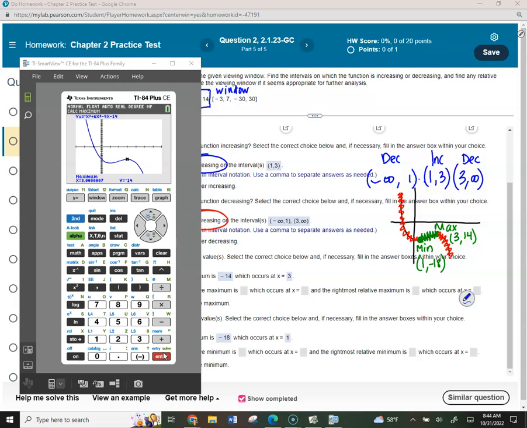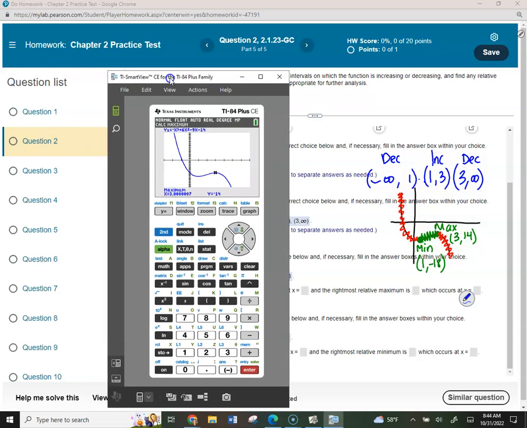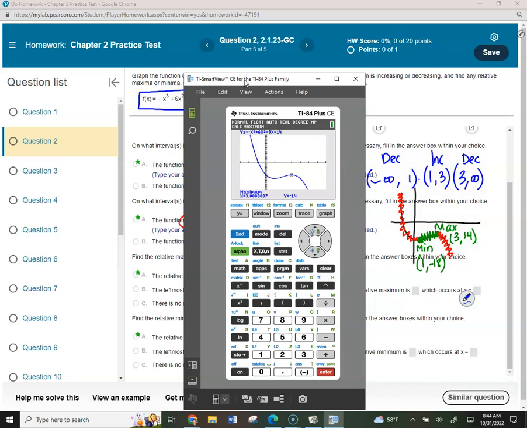So like right here, look at that. He's up here, right? He's running the graph. He's decreasing until bam.